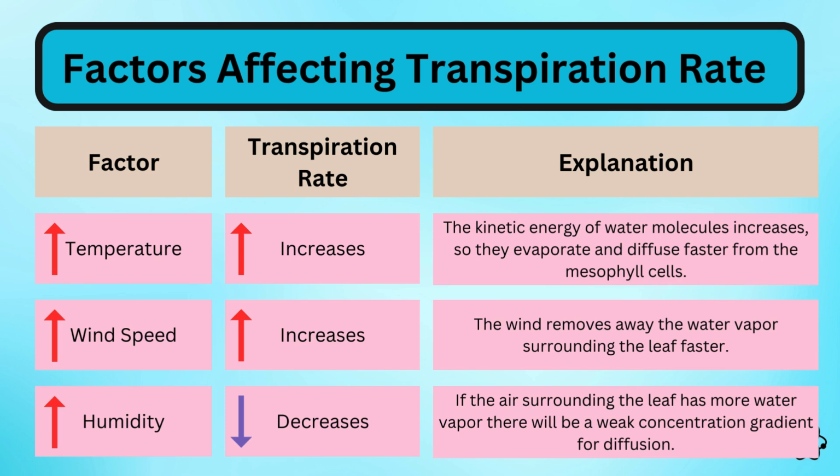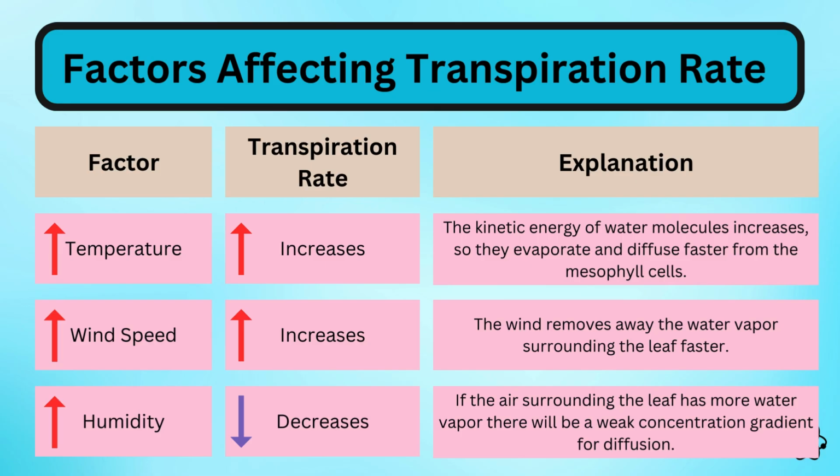When the wind speed is increased, the transpiration rate also increases because the wind carries away the water vapor surrounding the leaf faster. So, water from the soil must quickly replace the water lost from the leaves.